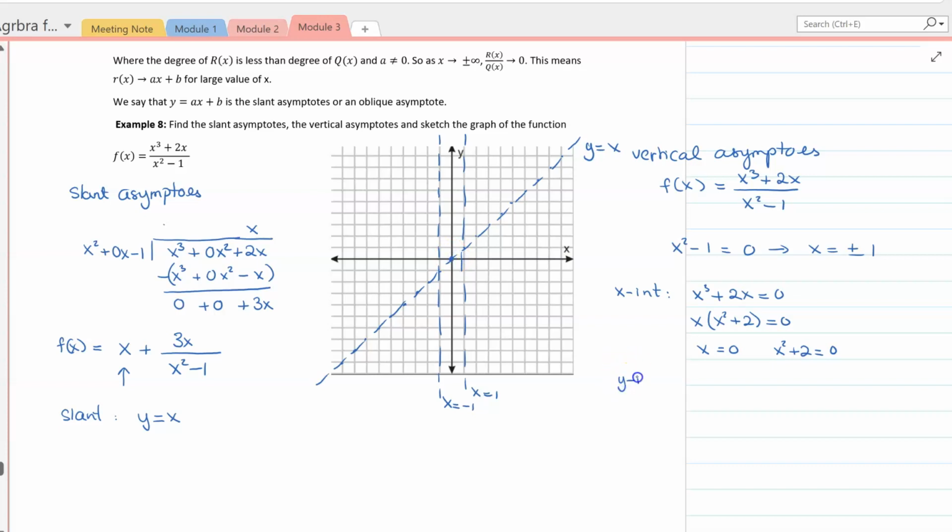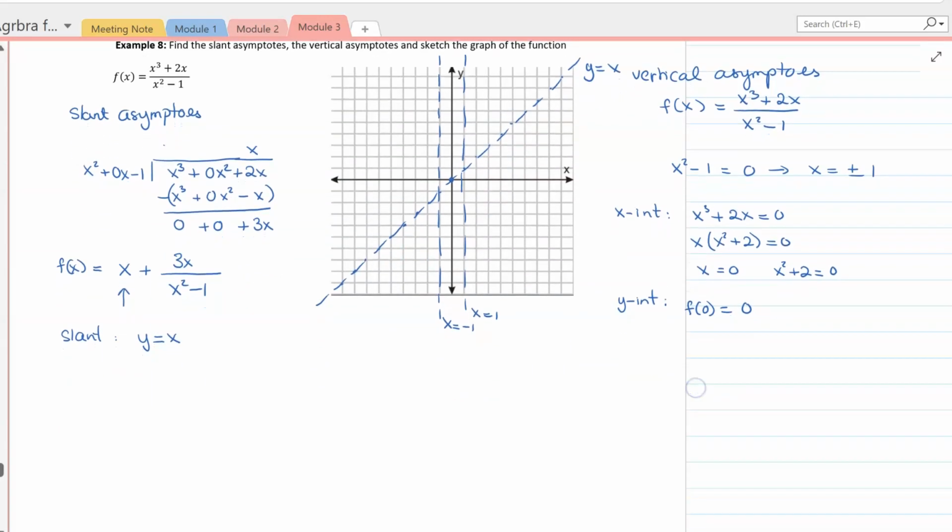The y-intercept is the value of y when x equals 0. So when x equals 0, f of 0 is equal to 0 in this case, so the y-intercept and the x-intercept are the same. Let's take a look at the behavior of the graph about the vertical asymptote.